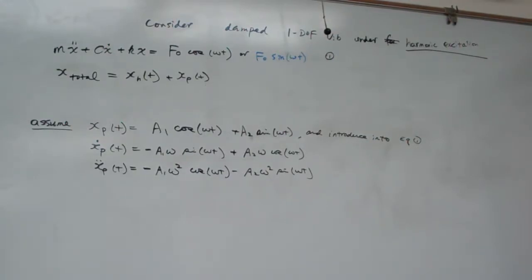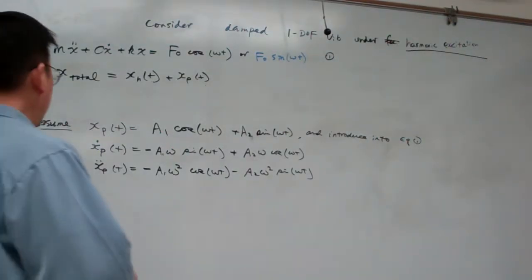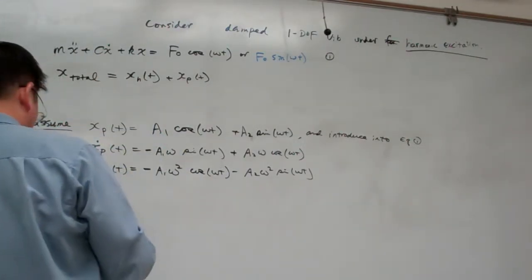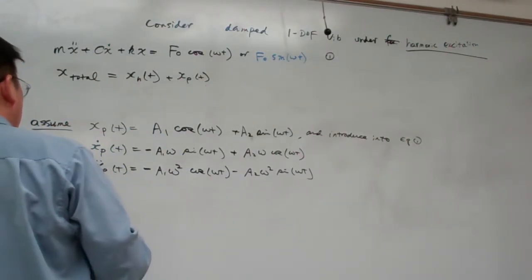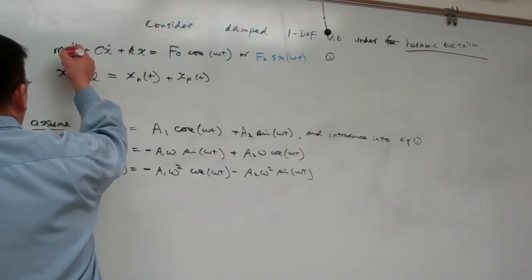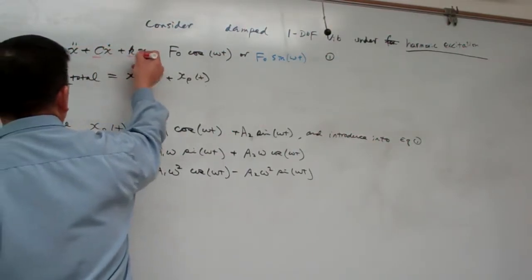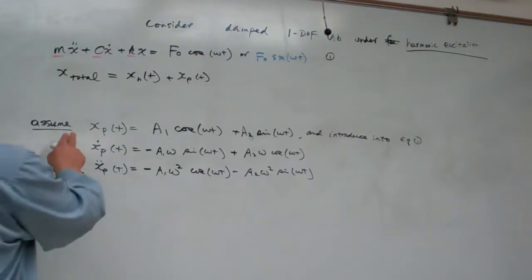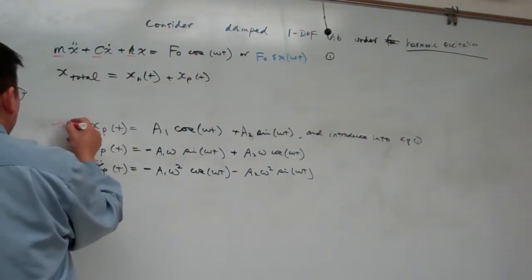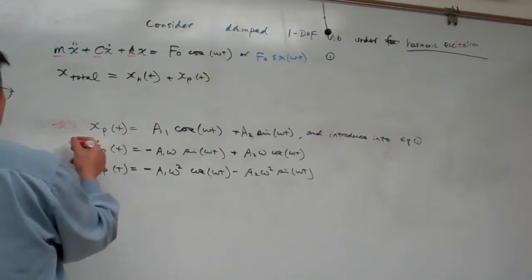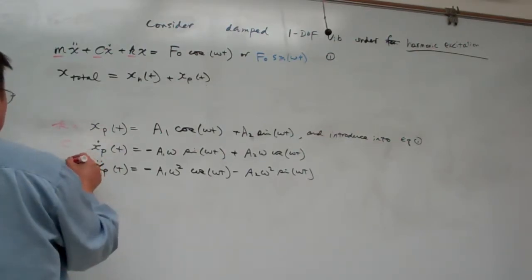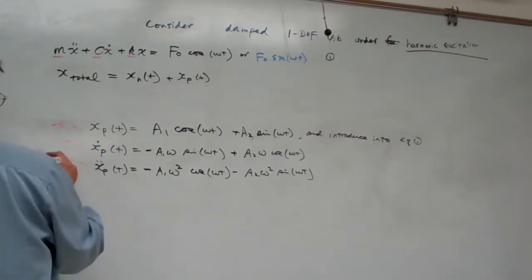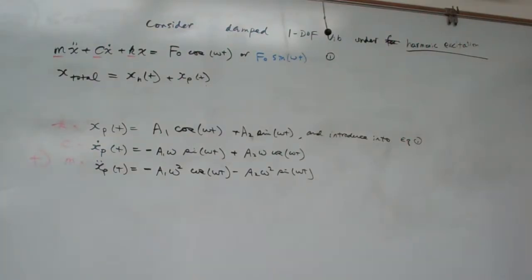In a similar way, when we plug into equation 1, each individual term multiplies with a certain coefficient. That means this term will multiply with k, this term with c, and this term with m, and then we take the summation.